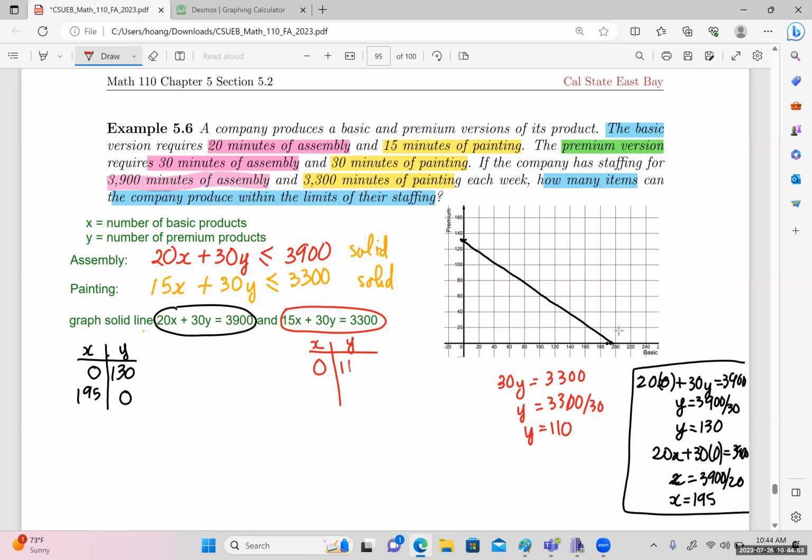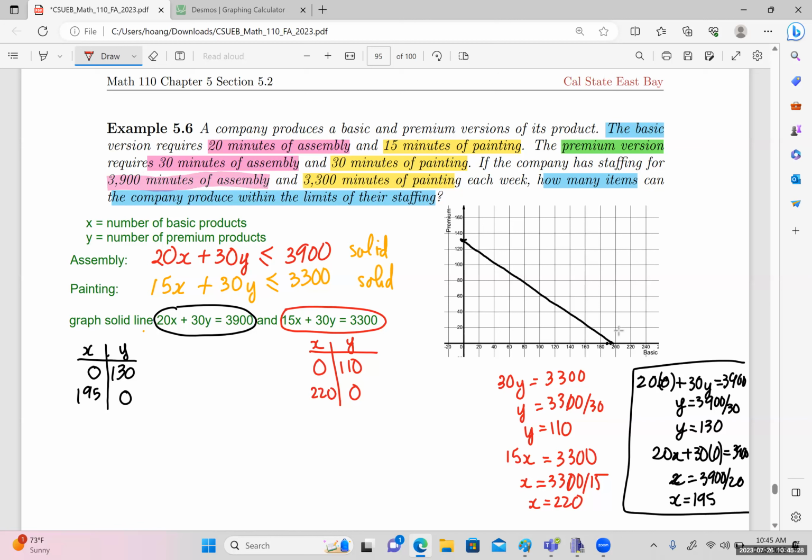So put 110 here. And then when y equals 0, you will have 15x equal to 3300. Then x will be 3300 divided by 15, so x will be equal to 220.